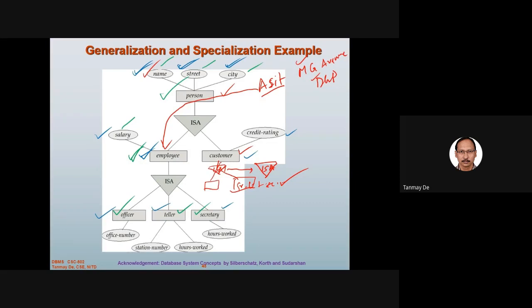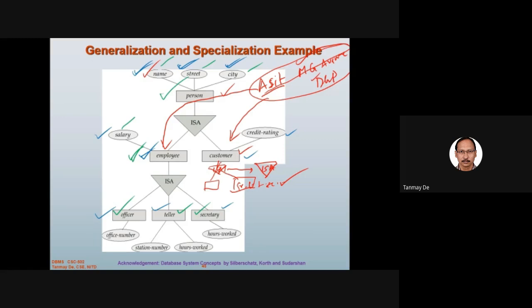So what happens? These entities are present in the employee as well as in the lower level entity set customer. That means Osit is present in both lower level entity sets, employee and customer, but not for all persons. Some persons are present in the employee set, some in the customer set, but some persons like Osit are present in both.